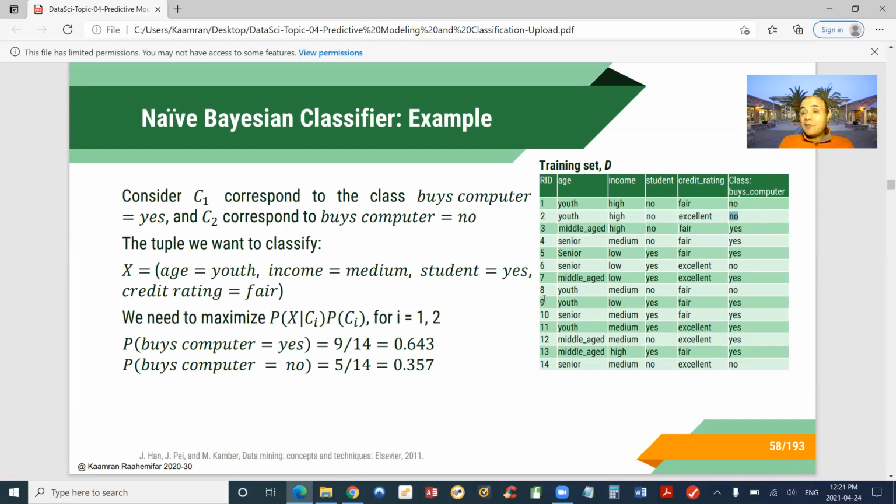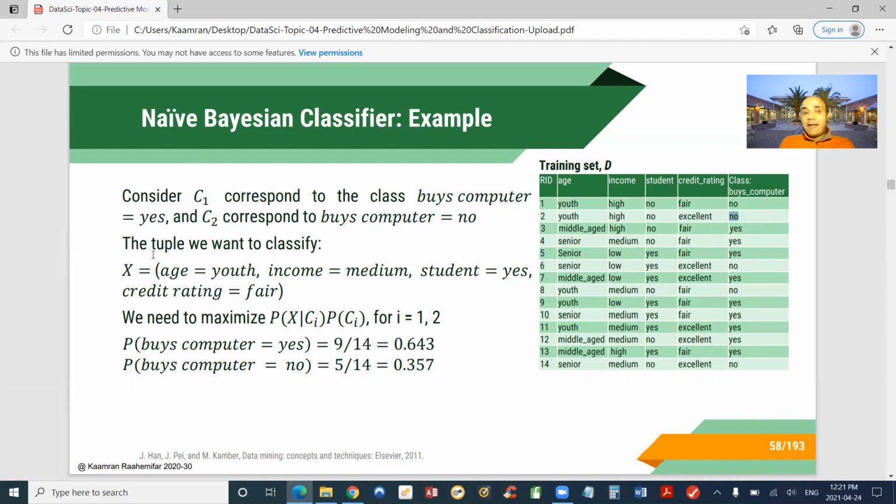What happens if there is a combination that doesn't exist in my table? I want to classify that combination. We call it X, the event. Consider that C1 corresponds to the class buys computer, and C2 corresponds to the class does not buy.